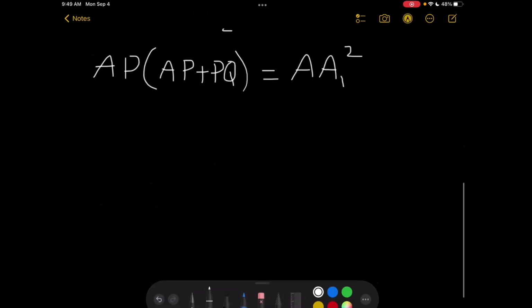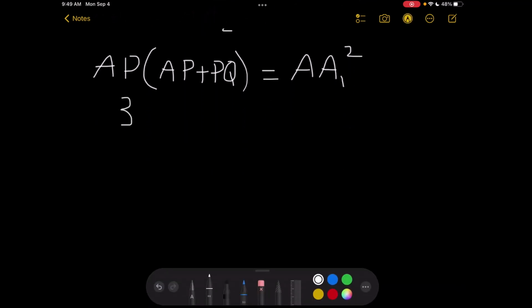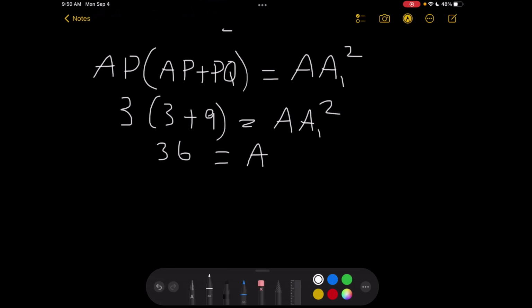Now we can substitute values in. So 3 times 3 plus 9 is equal to A sub 1 squared. So 36 is equal to A sub 1 squared. So A sub 1 is equal to 6.